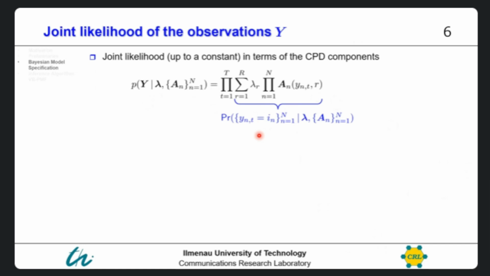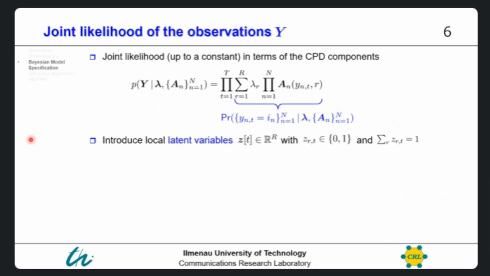In this case, we consider the CPD components as parameters that we need to learn. So it's different from the maximum likelihood case, where we did not consider these as parameters to be learned, but rather to be estimated. And we'll see what the difference is here.